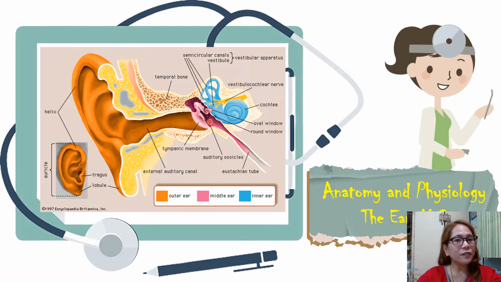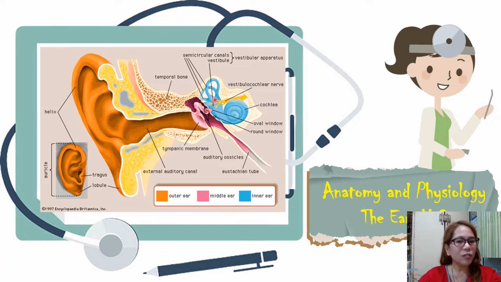The motion of the three tiny bones causes the fluid in the inner ear, or the cochlea, to move. The movement of the fluid in the inner ear causes the hair cells in the cochlea to bend. So again, the ossicles transform sound vibrations into mechanical waves for the inner ear.